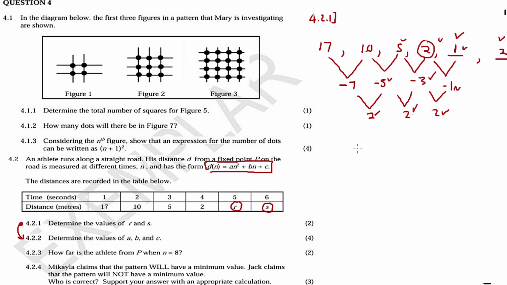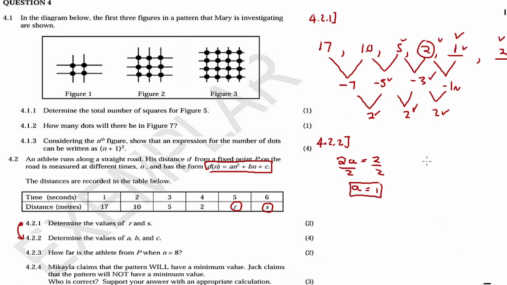Alright, but confirm again after we get our nth term like in 4.2.2. Determine the values of A, B, and C. So it's just a typical quadratic number pattern. Divide by 2, divide by 2. A is equal to 1.